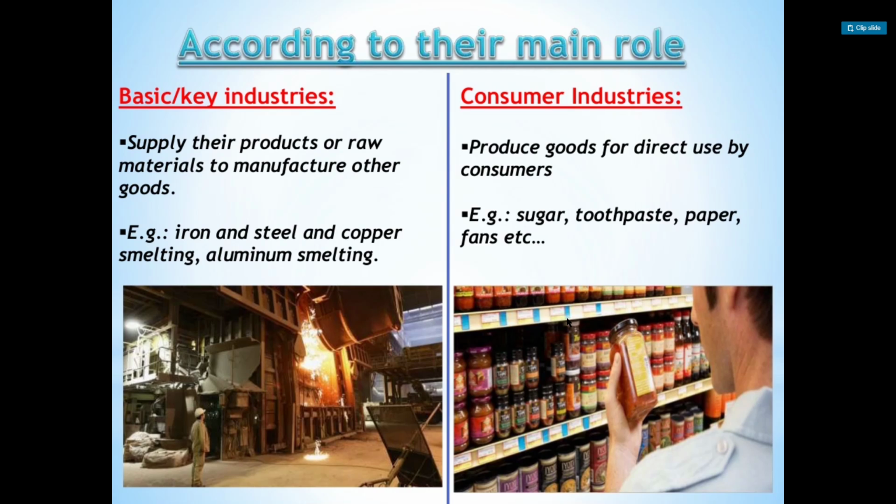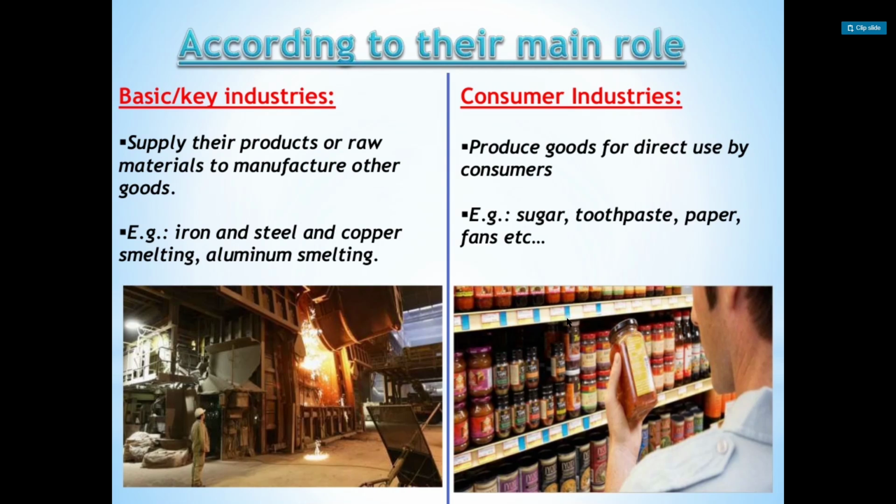And second is consumer industries. We call basic industries key industries because these are the industries from which we get metal. Consumer industries produce goods for direct use of consumers, the things we people need.